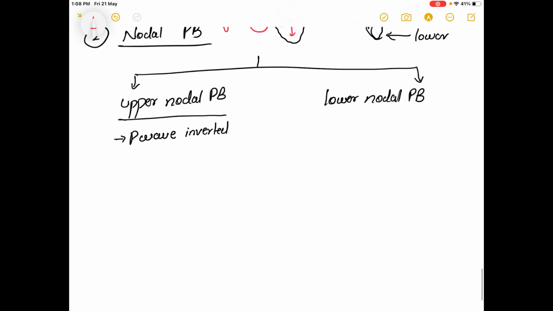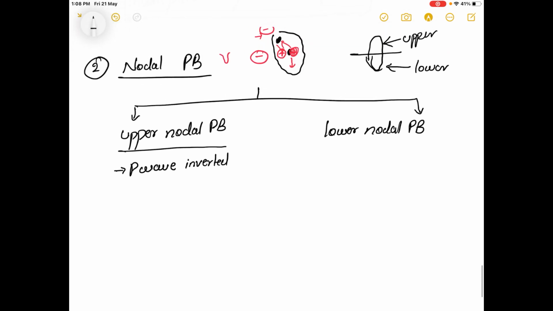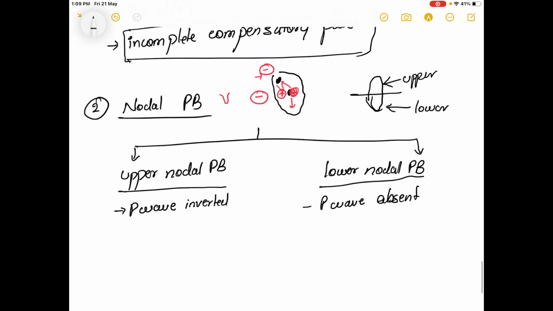Then in lower nodal premature beat, the P wave is absent. Because here the P wave coincides with the QRS complex.